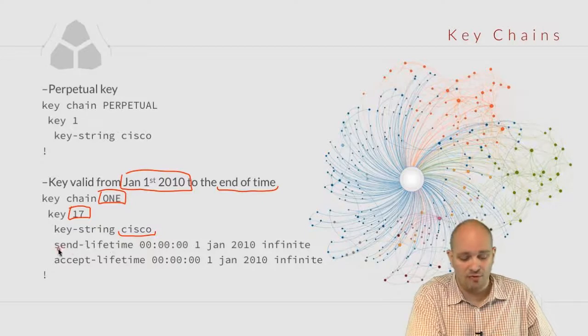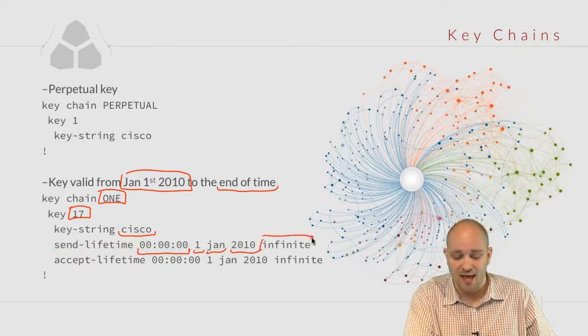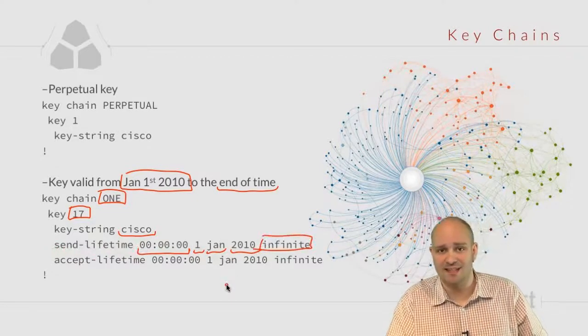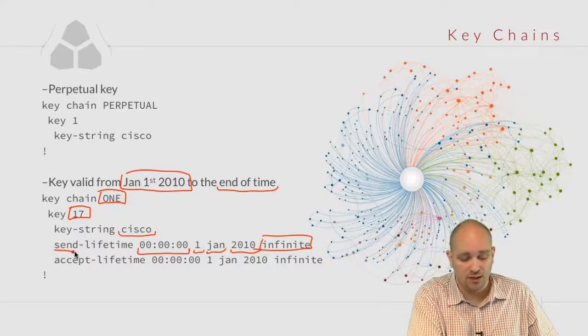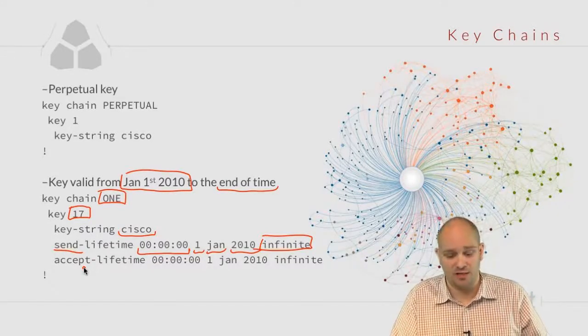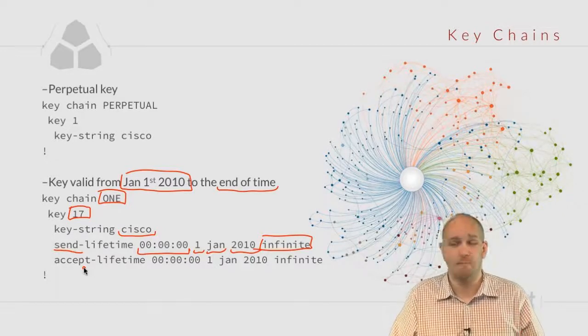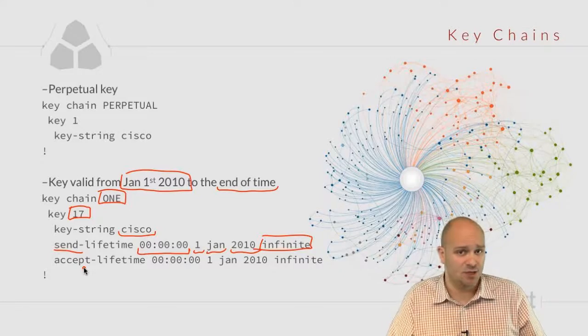So I'm going to define send lifetime beginning at midnight of January the 1st, 2010, and the duration of validity is infinite. And this is the period of time from January the 1st, 2010 until the end of the time that I am going to be sending this key whenever I reference this keychain.